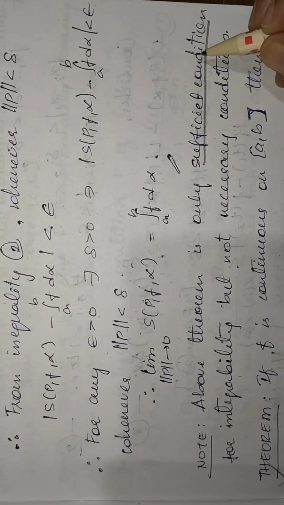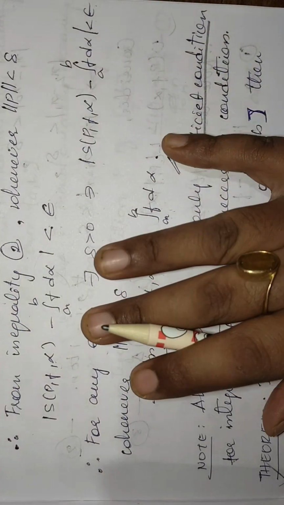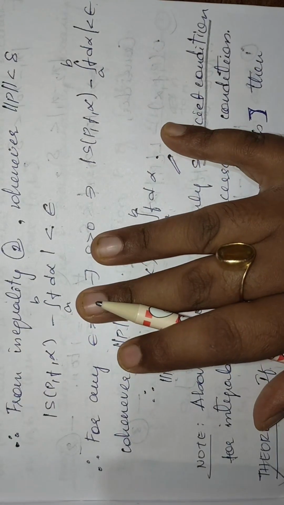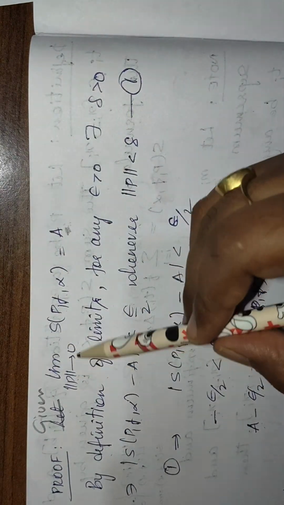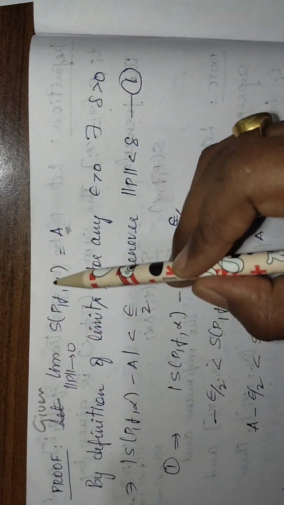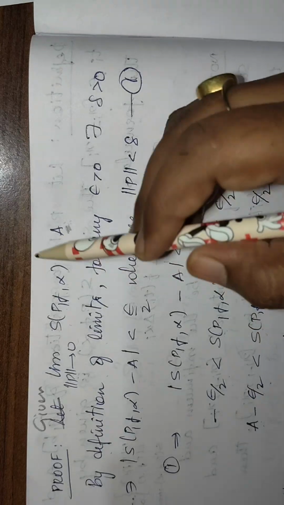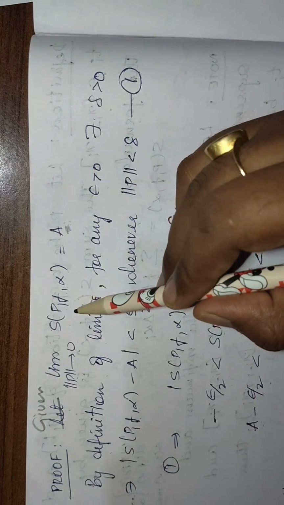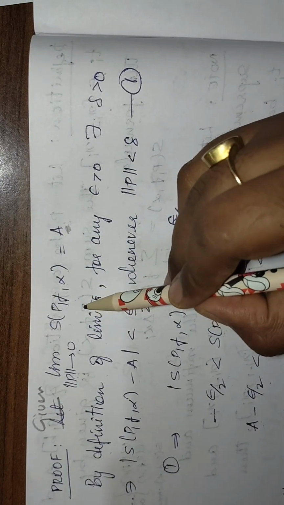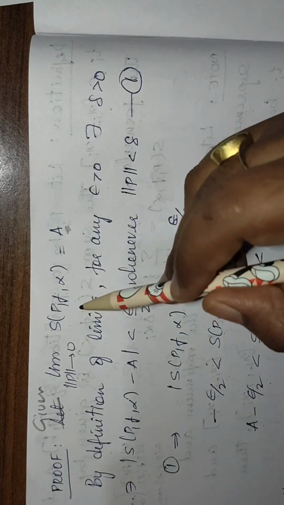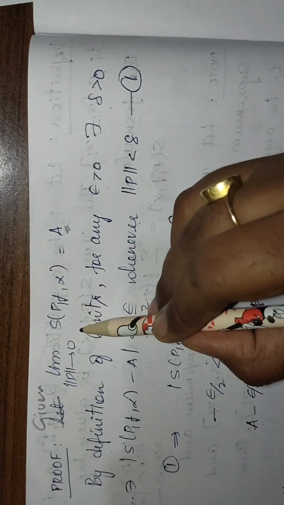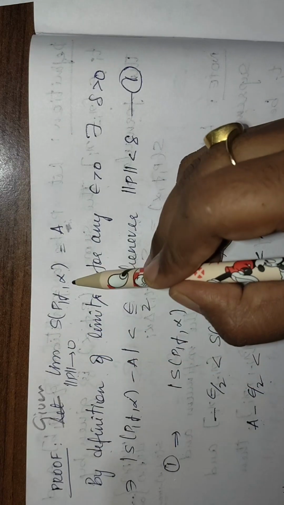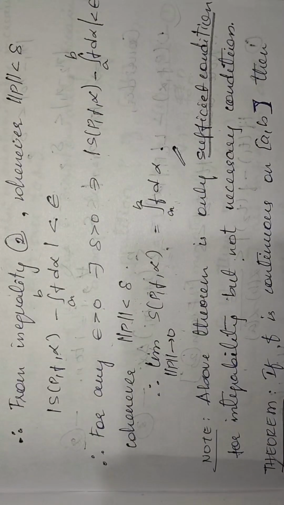It means if this limit of s(P, f, α) exists, then f belongs to R(α), but not the other way. That is, if f belongs to R(α), we don't necessarily have this. It may or may not exist. Okay, so that is what this note implies.